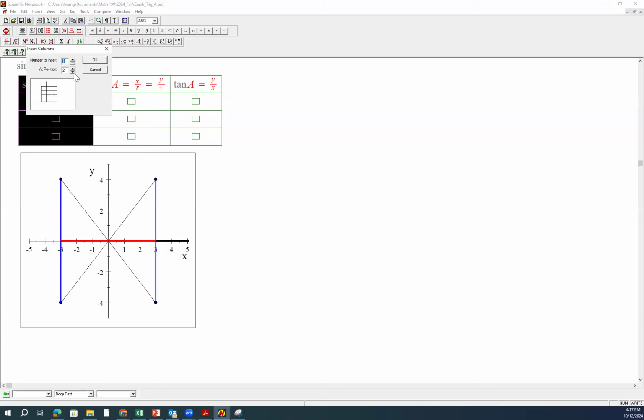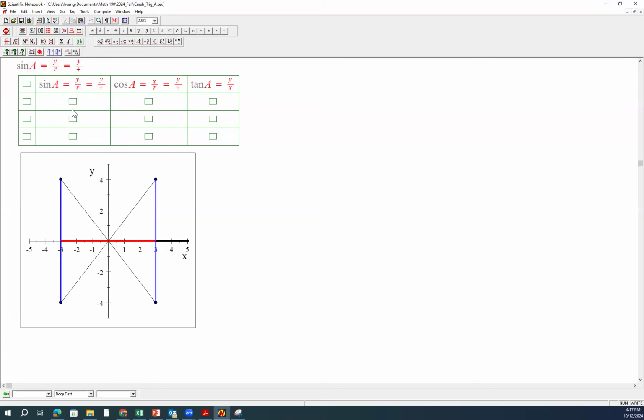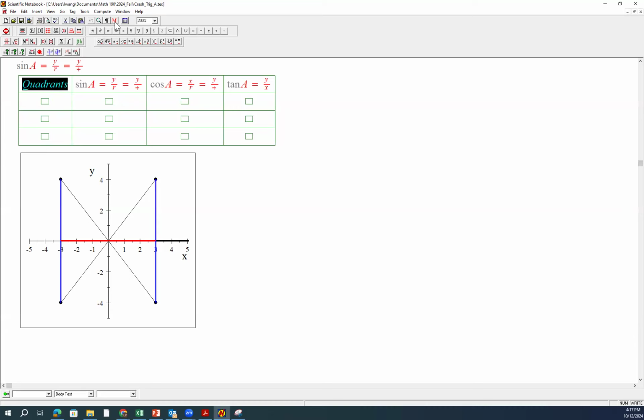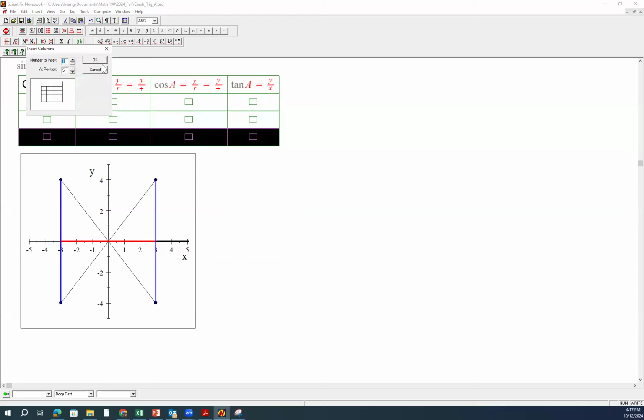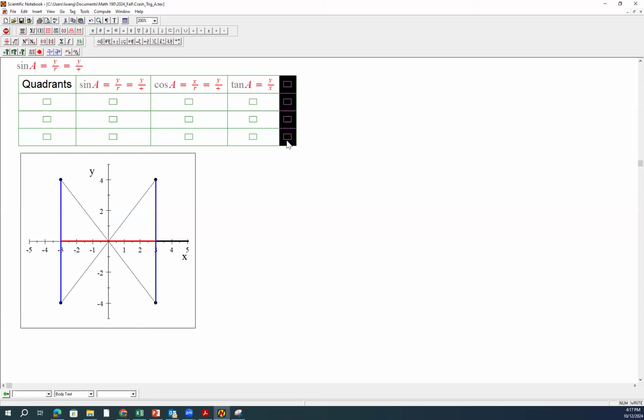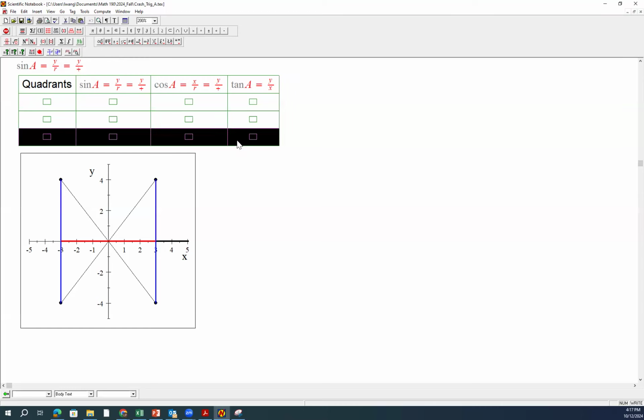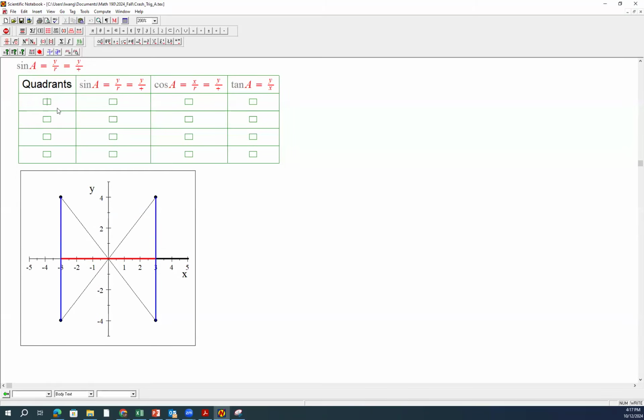Okay, insert a column there. So this is the quadrants column. One more row. Quadrant 1, 2, 3, 4.